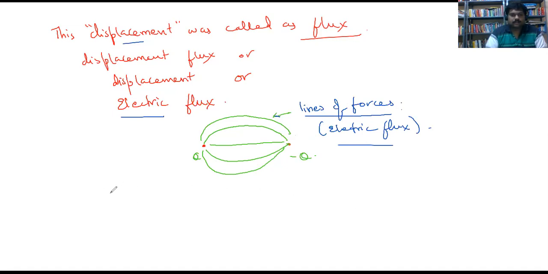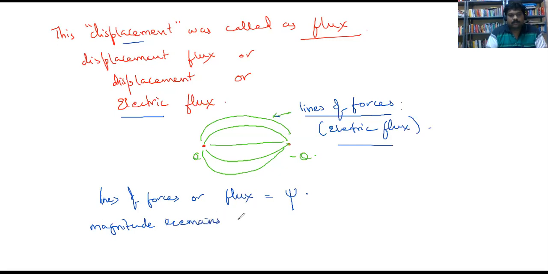Now these lines of forces or flux were coined with the symbol xi. Also, we saw that the magnitude remains the same between the outer and inner sphere.